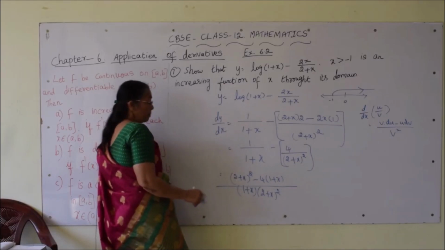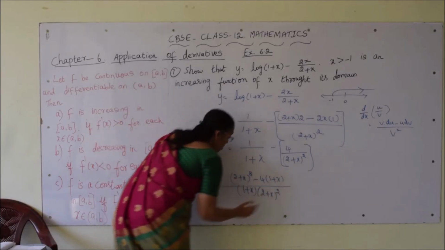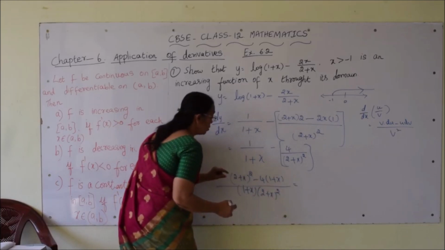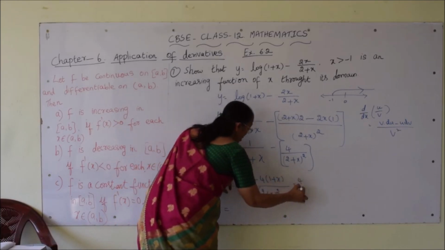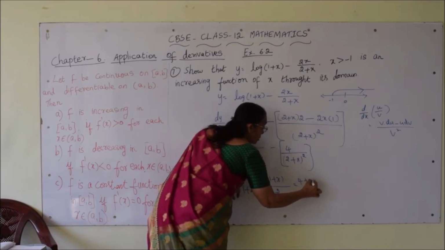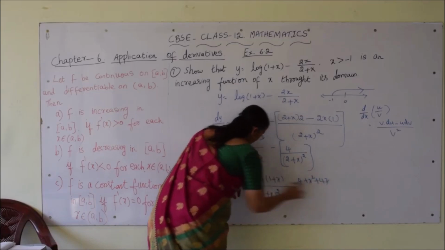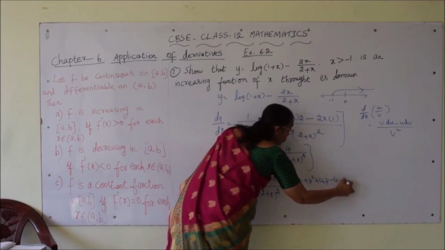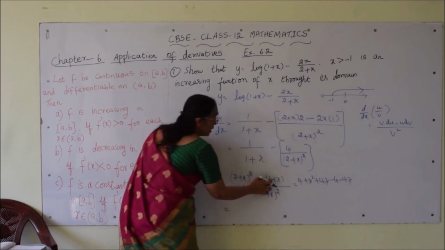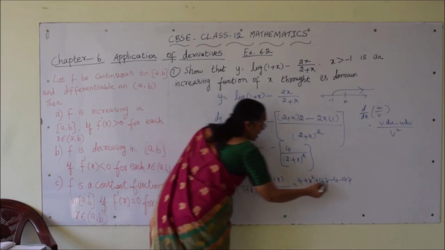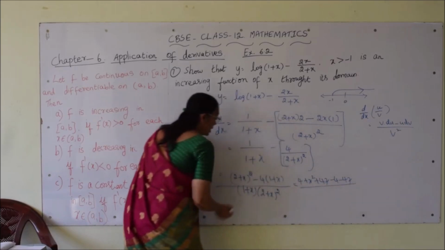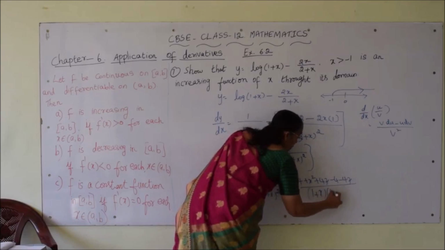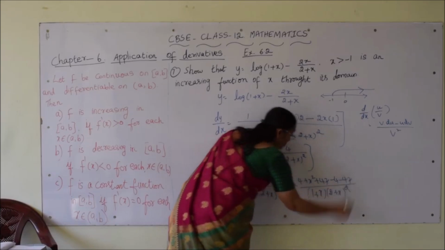Now, let us simplify the numerator. It is of the form a plus b whole square: 2 square is 4, x square, plus 4x, that is 2 plus x whole square, minus 4 minus 4x, that is minus 4 into 1 minus 4 into x, whole thing divided by 1 plus x of 2 plus x whole square.